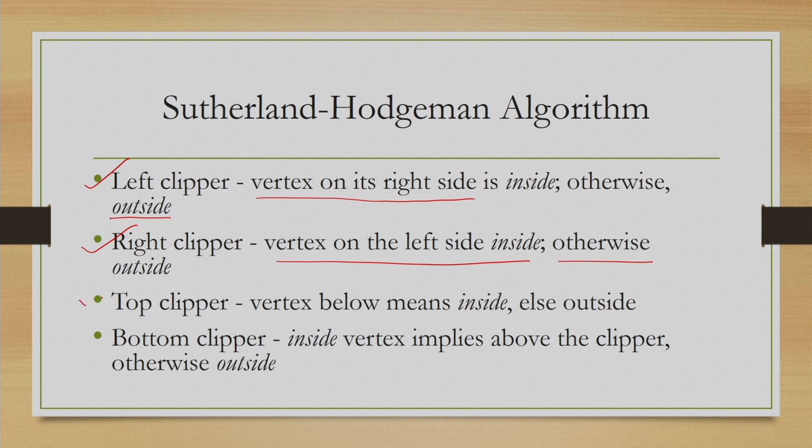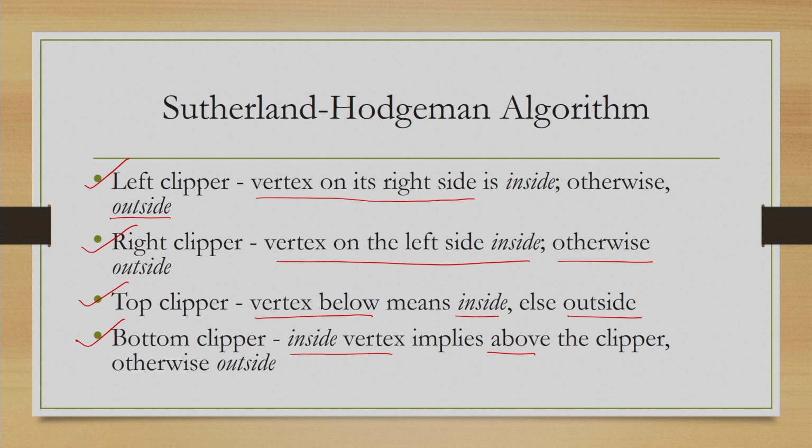For top clipper, if a vertex is below the clipper, that means it is inside, otherwise it is outside. And for a bottom clipper, it is again just the opposite of top clipper, that means inside means the vertex is above the clipper, whereas outside means it is below.